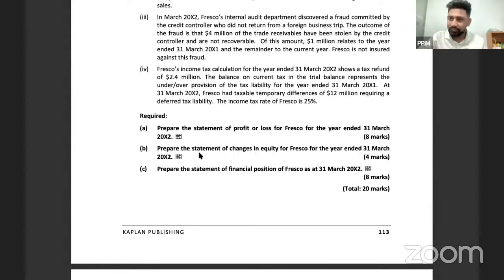But this time, together, we are going to see how to also incorporate the statement of changes in equity.